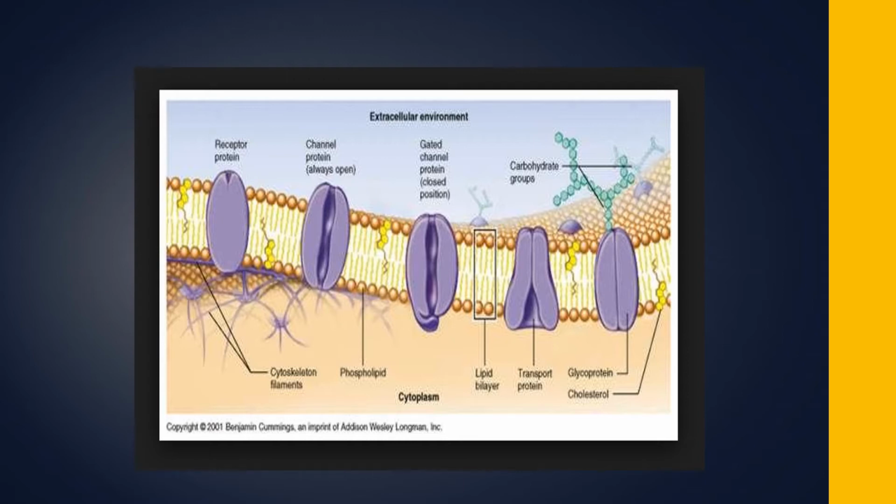A phospholipid is a molecule that has a glycerol backbone, the fatty acids, and the phosphate-containing group. The plasma membrane is therefore composed of a phospholipid bilayer.